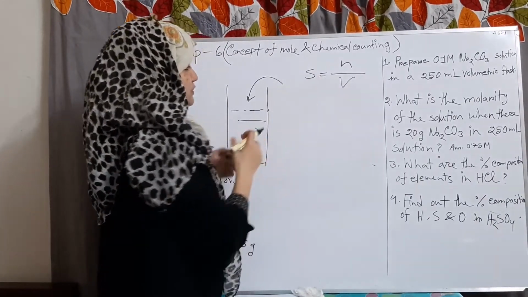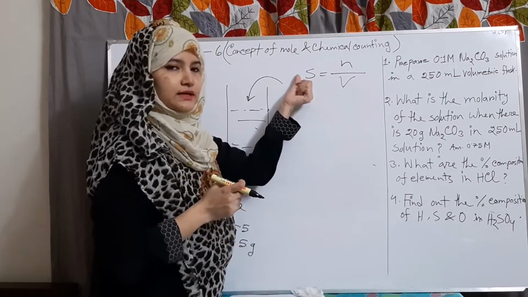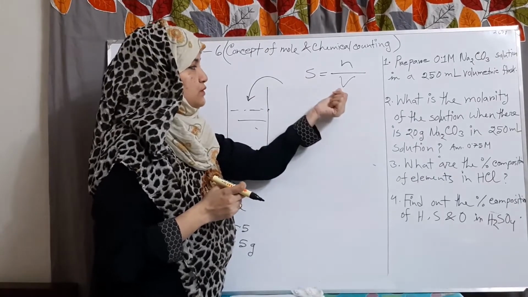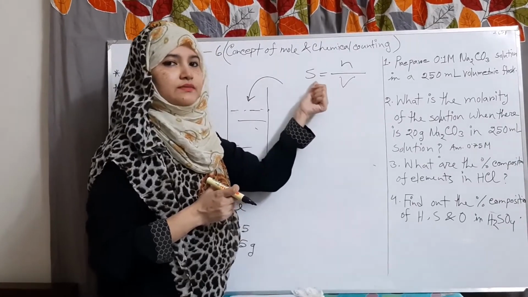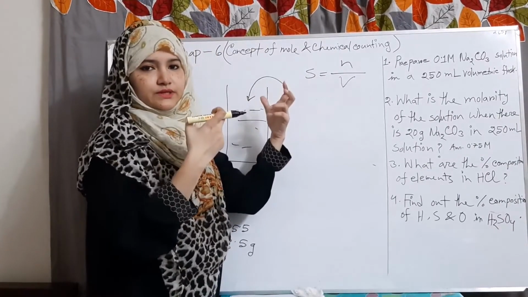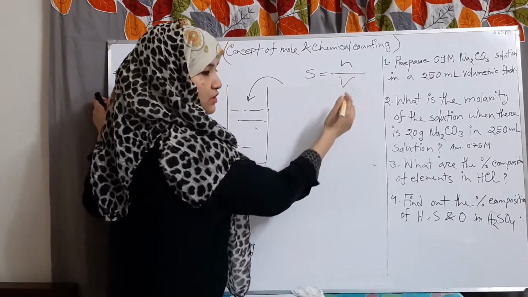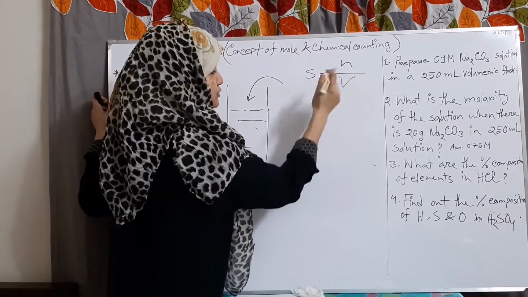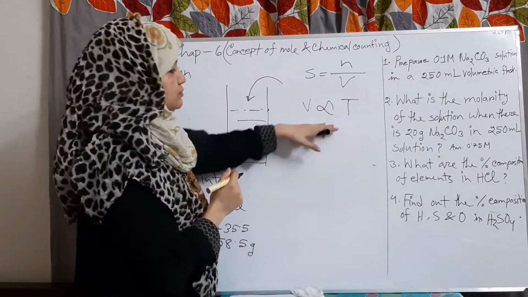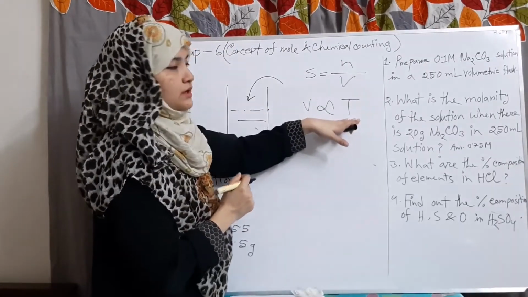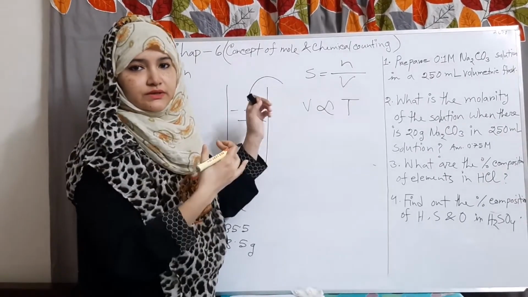The relation between the molarity and the volume is: if we increase the volume, the molarity will decrease, and if we decrease the volume, then the molarity will increase. And volume is directly proportional to temperature. If we decrease the temperature, then the volume will decrease.